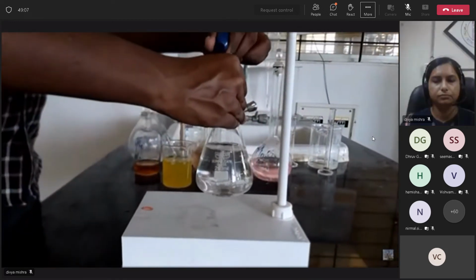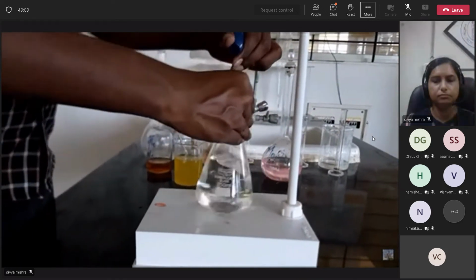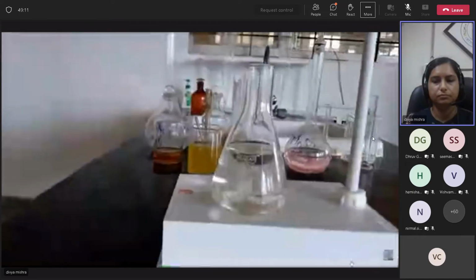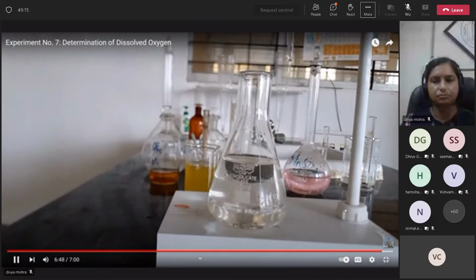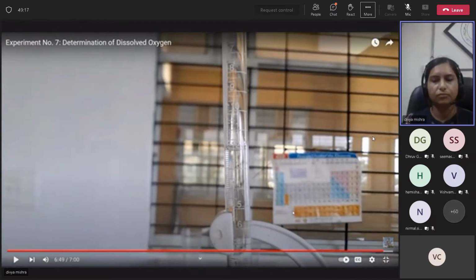You can observe that from dark blue color, it has completely turned colorless. Then we will note down the reading and then we will perform the calculation.